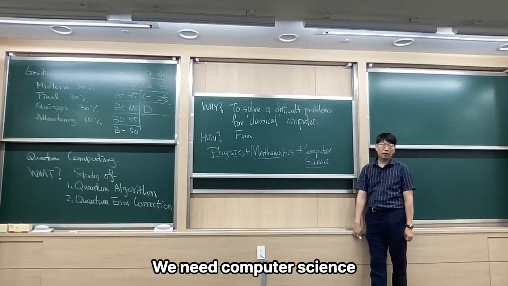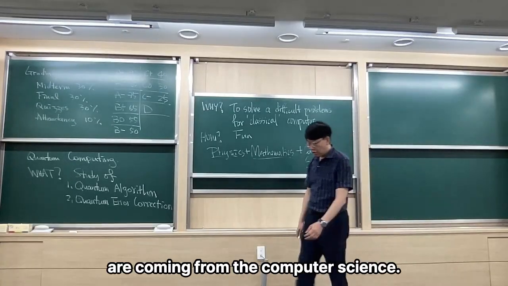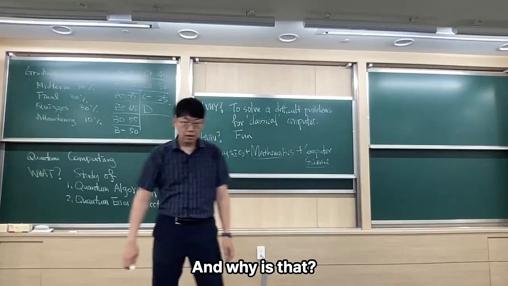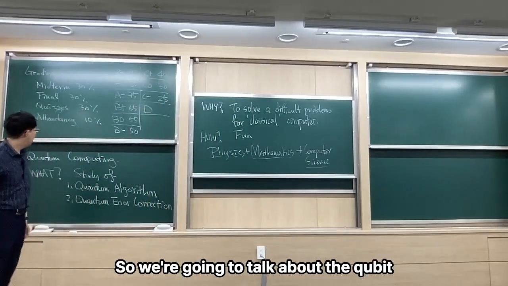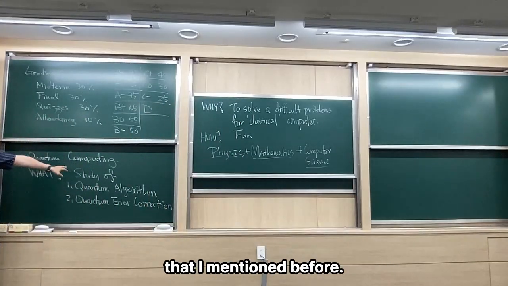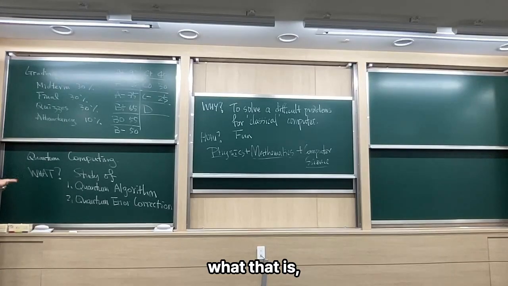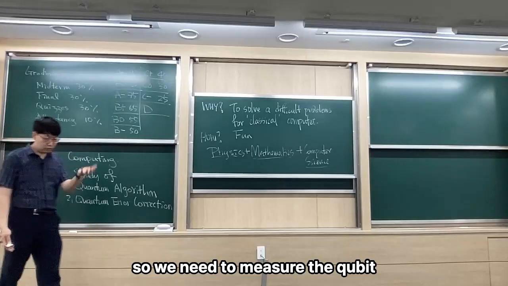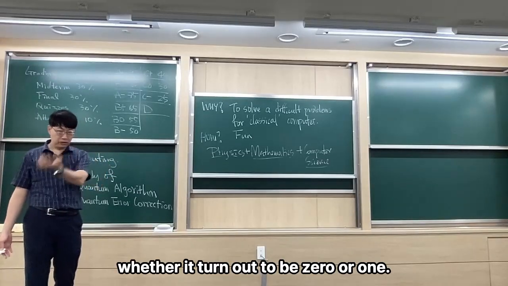We need computer science because most of the questions we are dealing with come from computer science. Why is that? Take the qubit that I mentioned before. The qubit itself is not something we can directly find out about. We need to measure it to find out whether it turns out to be 0 or 1.